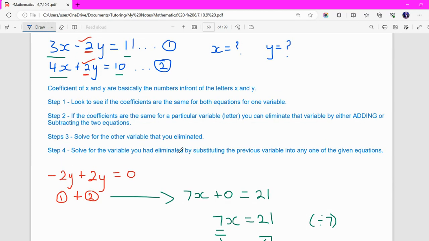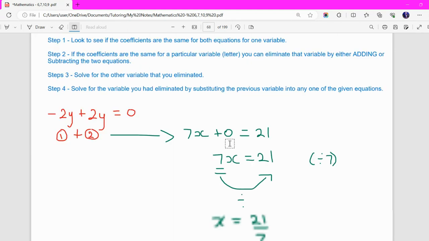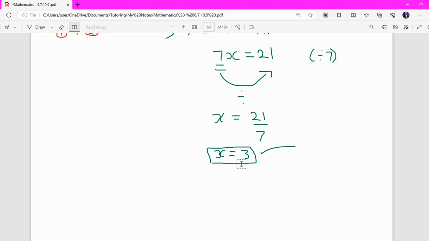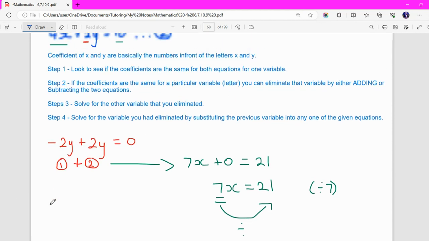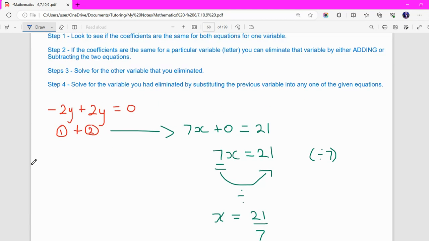We need to get a y value now, right? So for the variable you had eliminated, substitute the previous variable into any one of the given equations. So it's substituting x is equal to 3 into any one of the given equations, which is equation 1 and equation 2. So I will substitute it into equation 2.